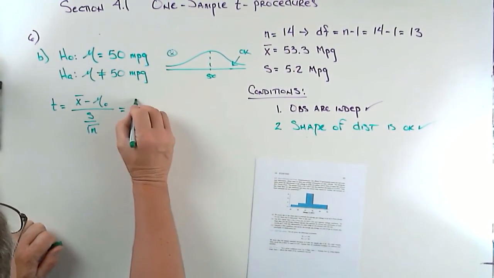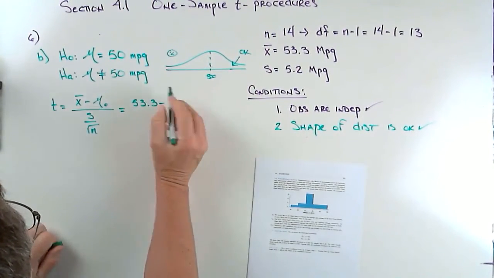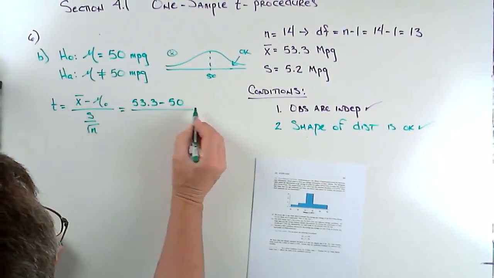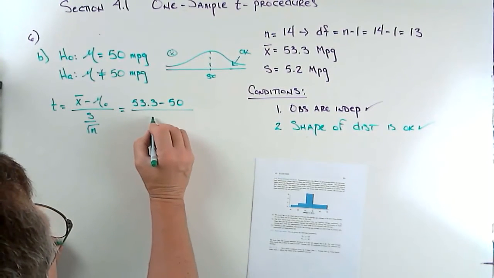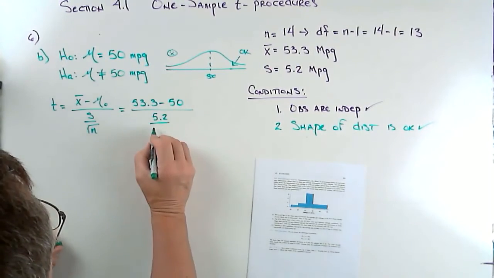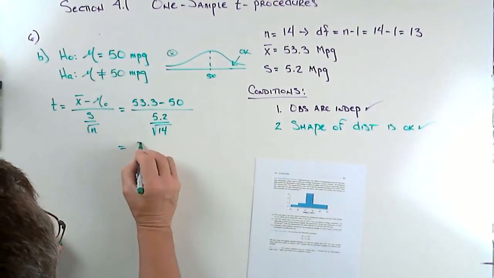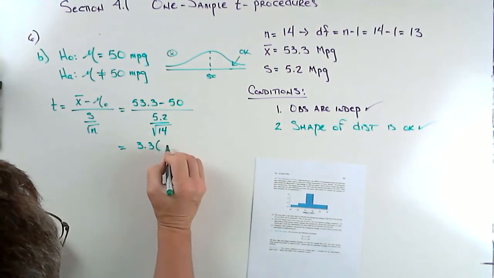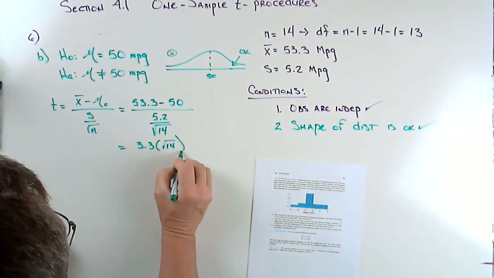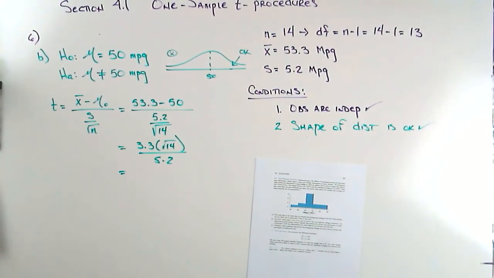So here our x bar is 53.3 minus our proposed value of 50 divided by s, which is 5.2 divided by the square root of n. N here is 14. So that gives us 3.3 times the square root of 14, all divided by 5.2, just doing some algebra on the fly.